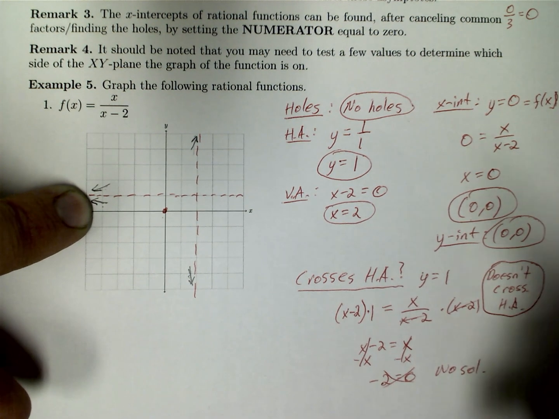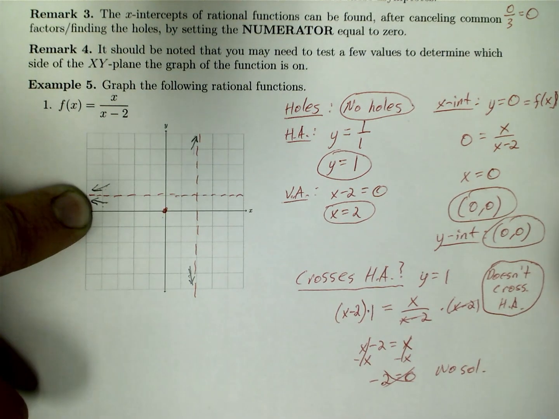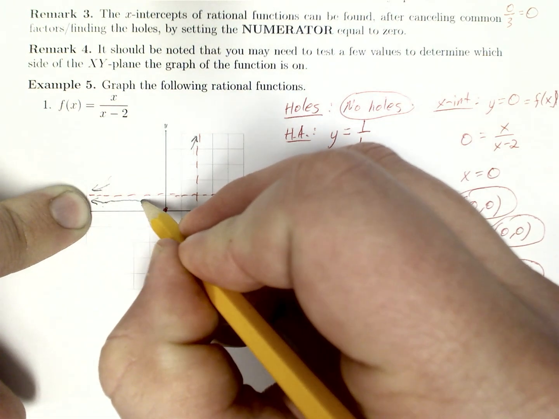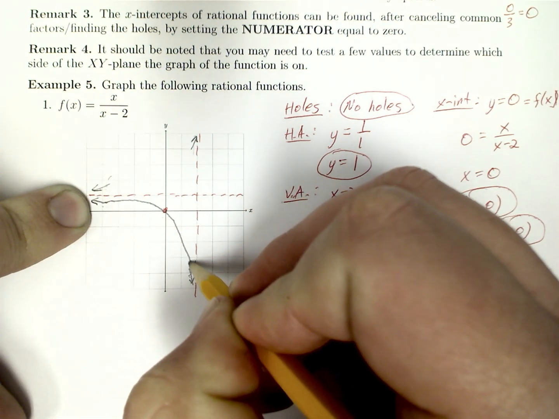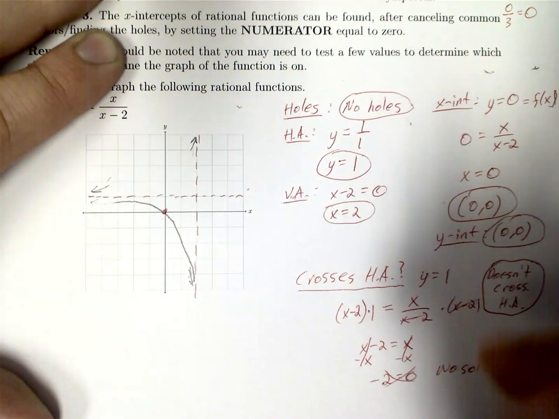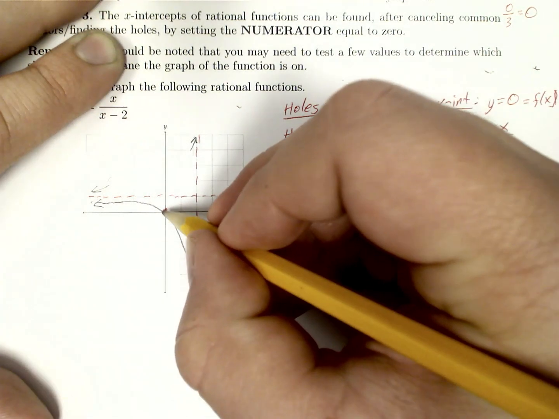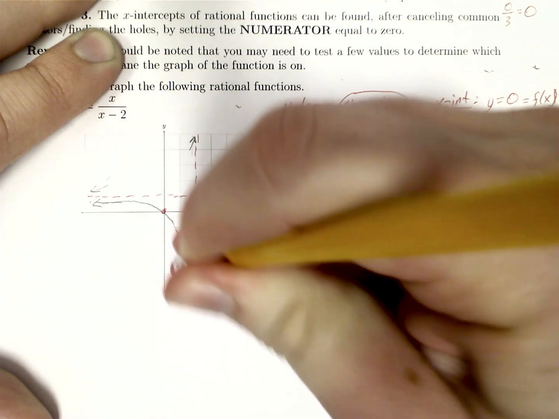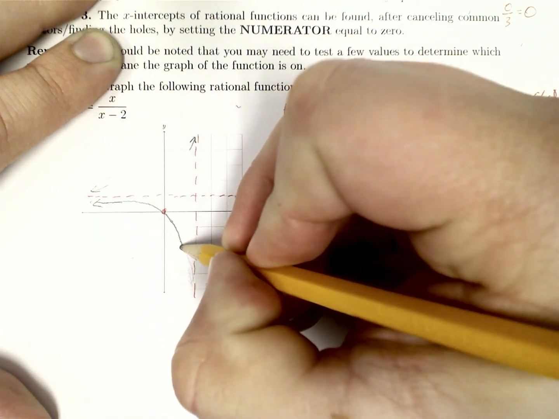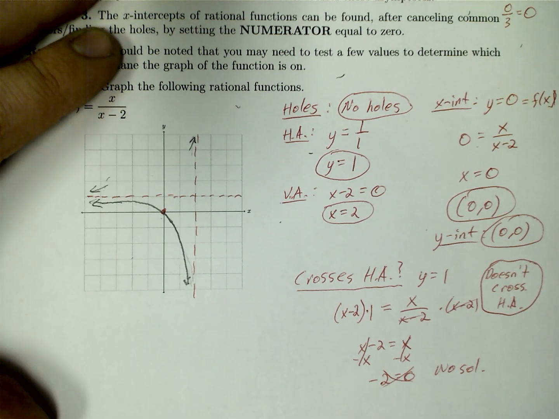But we also know that we have a point here. So since it can't cross, it must be from here to here. Not the best of graphs, but this is generically what should happen, something kind of like that.